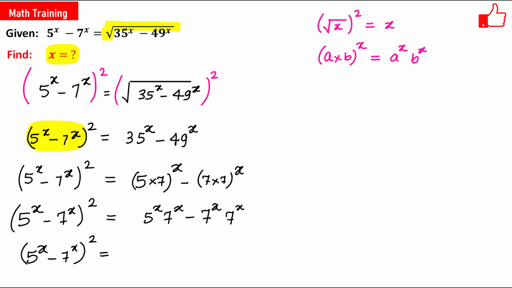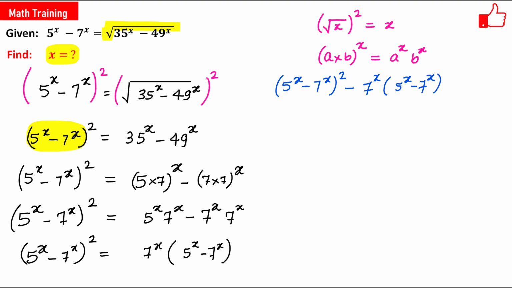Now I can take 7 raised to the power x common, so this becomes 7 raised to the power x times 5 raised to the power x minus 7 raised to the power x. Now let us take everything to the left hand side. So what I will have is 5 raised to the power x minus 7 raised to the power x whole square, minus 7 raised to the power x times 5 raised to the power x minus 7 raised to the power x, is equal to 0.